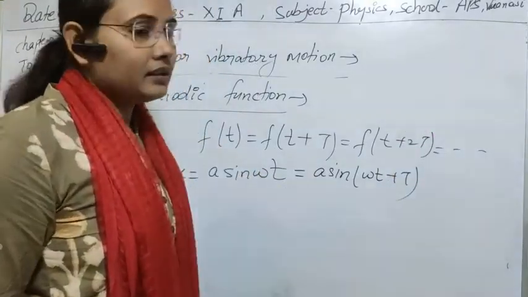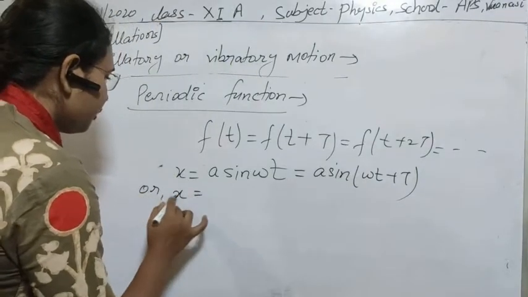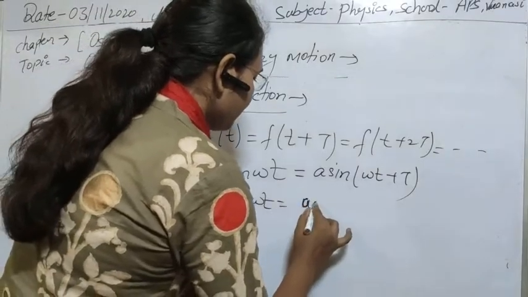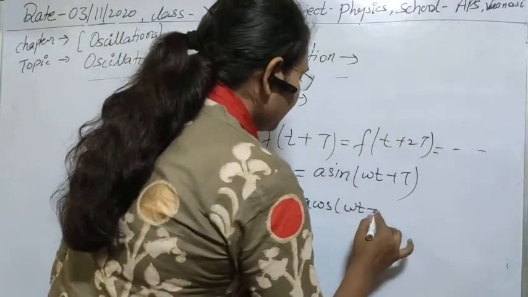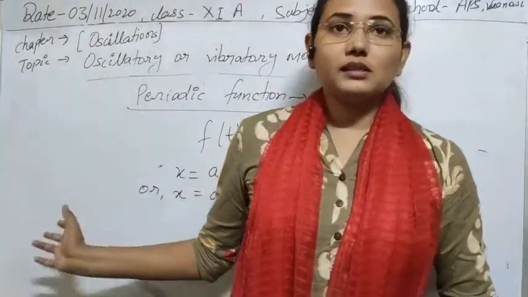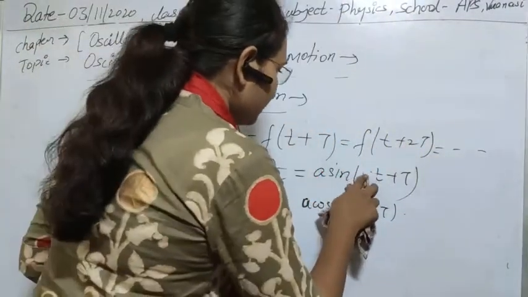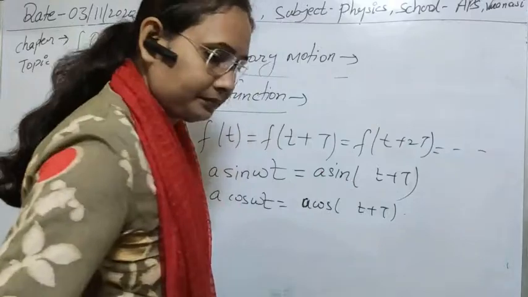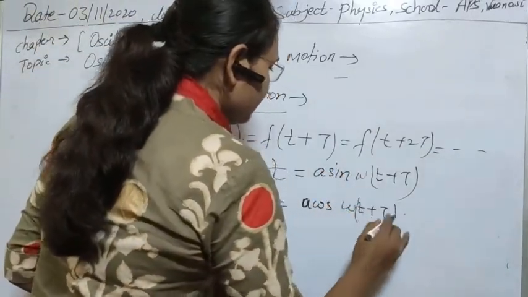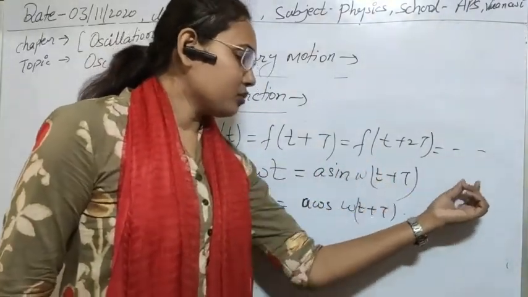We can also express it in the form of a cosine function, a cos ω(t + T), and so on. Actually, sorry, here omega should be outside, like this. Okay, now it is clear. And again we can write here ω(t + 2T), and so on.